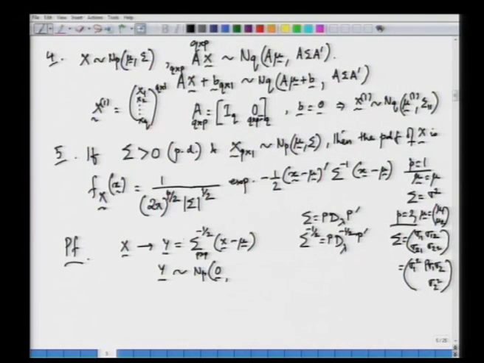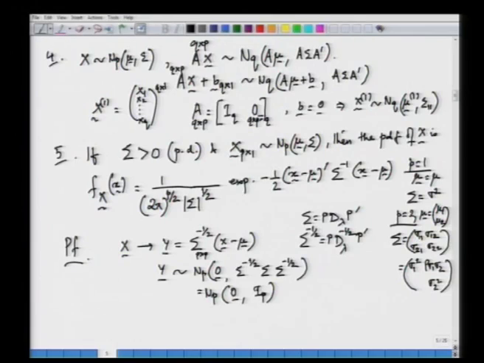With our A as this, it is going to be sigma to the minus half, sigma, sigma to the minus half. This is a diagonal matrix which is symmetric. So, taking the transpose basically means the same matrix, and this is nothing but a p-variate normal with mean null and covariance matrix as the identity matrix of order p.